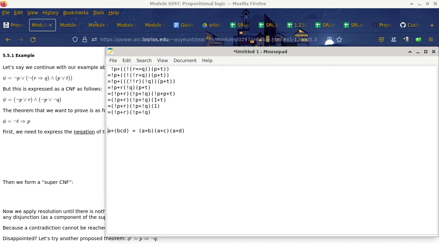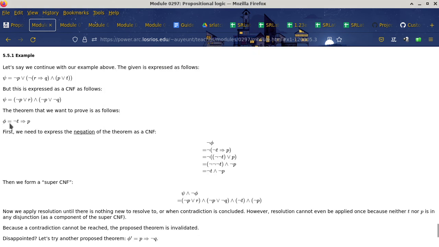Okay, so now I want to propose a theorem. This is a proposed theorem right here. Ignoring this part, it is simply saying not T implies P. I want to know whether this statement is implied by psi. So once again, let me point out what psi is.